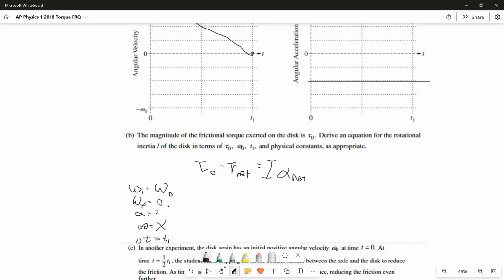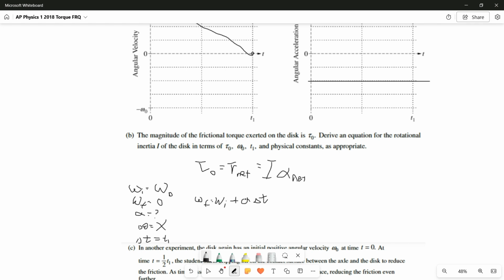Okay, so this is making us think we don't want an equation with delta theta, so that would be something like omega f is equal to omega i plus alpha t. All right. And now, since we're only really dealing with magnitudes, they gave us a magnitude here. We won't care about the sign or anything.